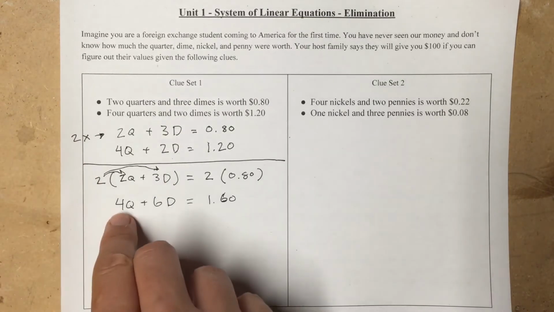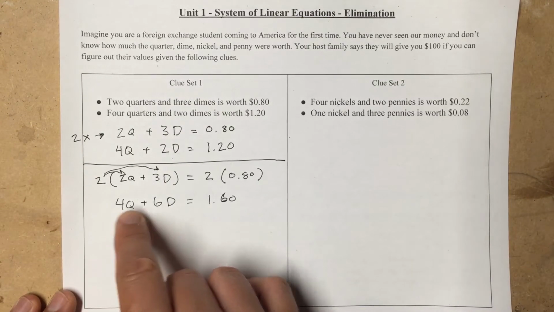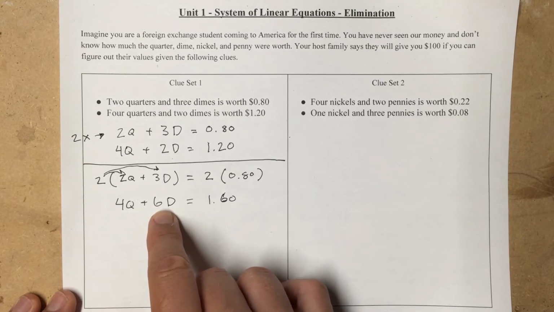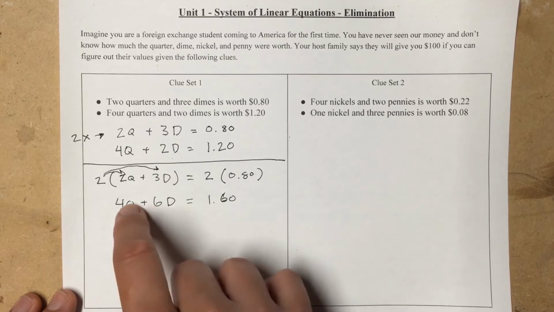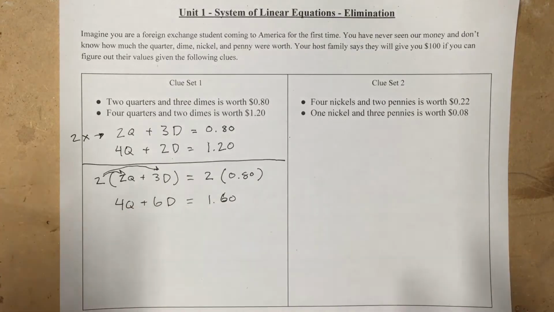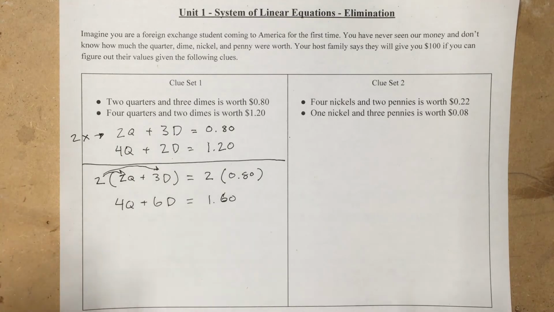We have 4 quarters, which makes $1, right? And 6 dimes, which makes 60 cents. So that does make $1.60. So this statement is absolutely true. Now we don't know that a quarter is 25 cents and a dime is 10 cents, but we're trying to figure that out. But we do know that that is correct.